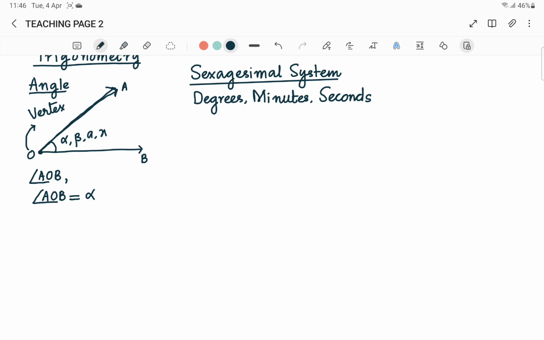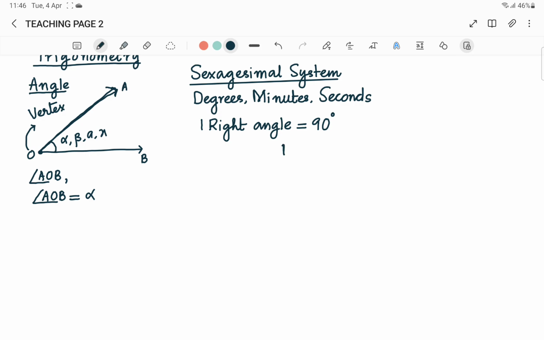One right angle is divided into 90 equal parts and each part is called a degree.